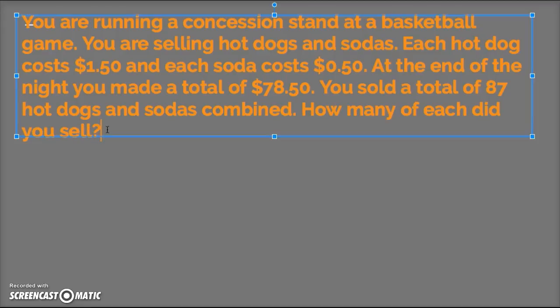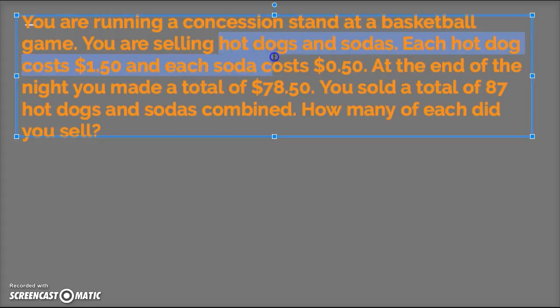So, first thing we need to remember is that anytime you have a system of equations, you have at least two equations. This year all we're going to be focusing on is having a system that's two equations, but later on down the road, you may see three equations pop up or more. So the first thing, you got to look at what you're talking about.